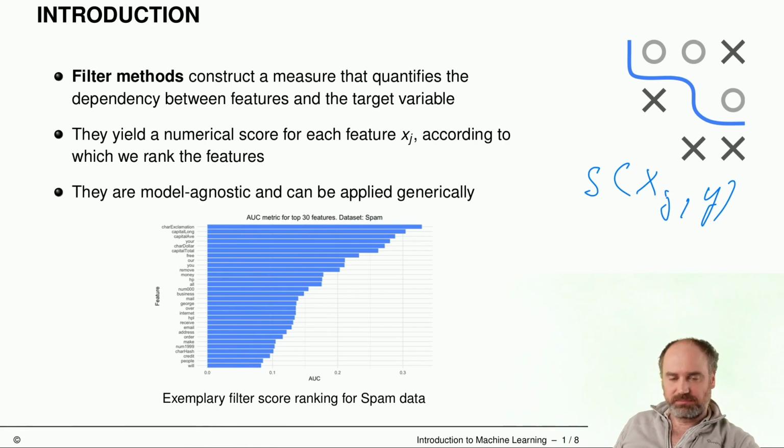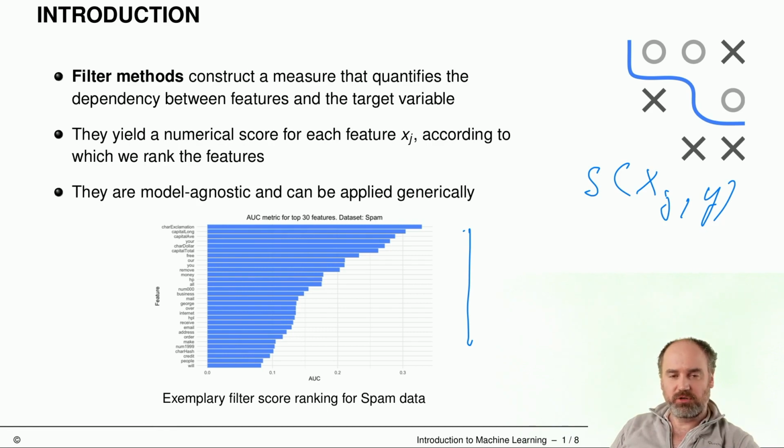These things are model agnostic in the sense that we can combine them with any ML model, and they are used as a pre-processing step. You can use them just to peek into your data set and understand a little bit about the usefulness of individual features, but usually they are used as follows. We could plot the filter values that we have obtained in a bar plot, and usually we would sort them from large values to small ones.